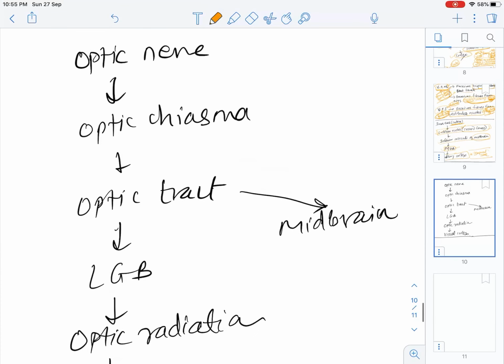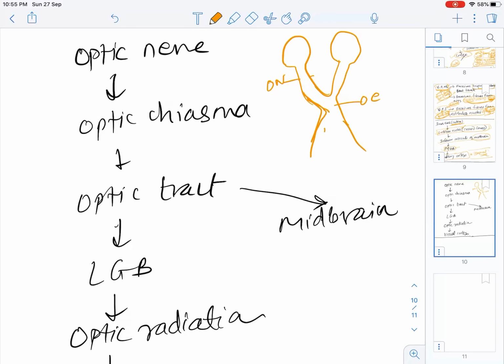Then we will see the lateral geniculate body also. This is very easy, as everybody knows this. This is optic nerve, this is optic chiasma, then this is optic tract.